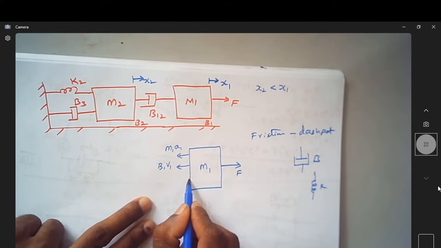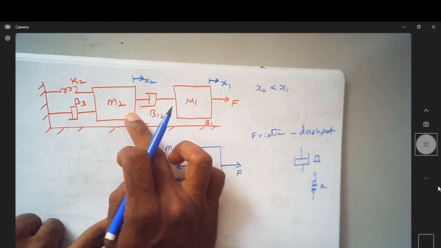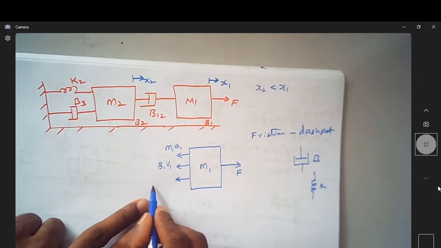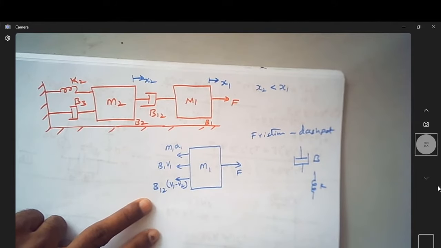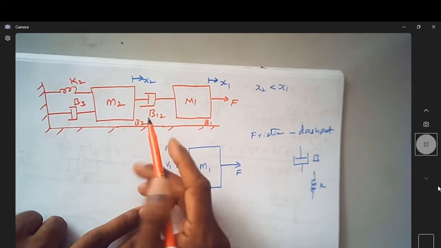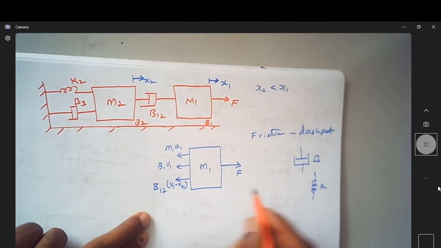Since this dash pot is between m1 and m2, it has a relative displacement, which is x1 minus x2. So we write it as b12 times v1 minus v2, where v1 minus v2 is the relative velocity of this opposing force.